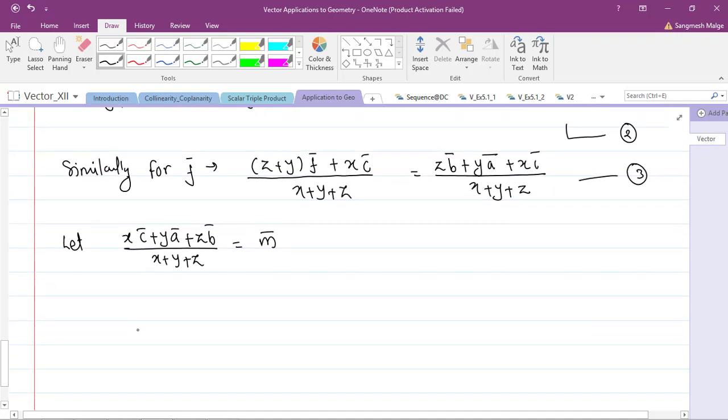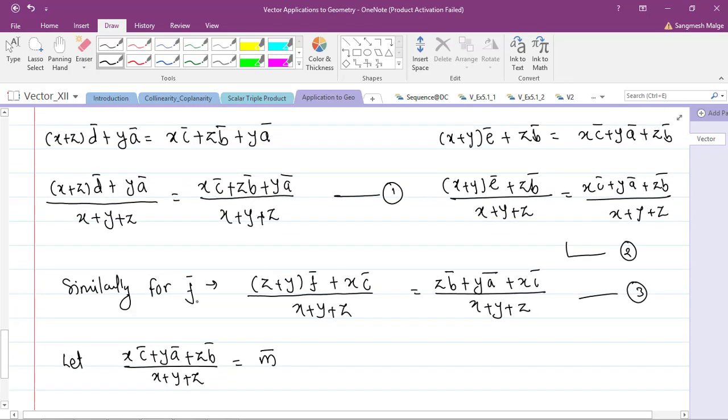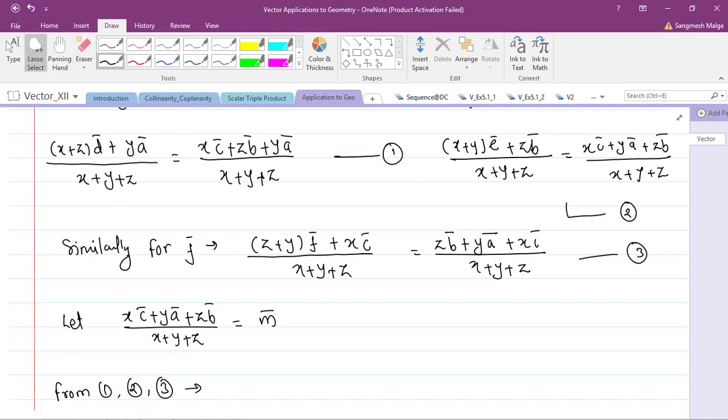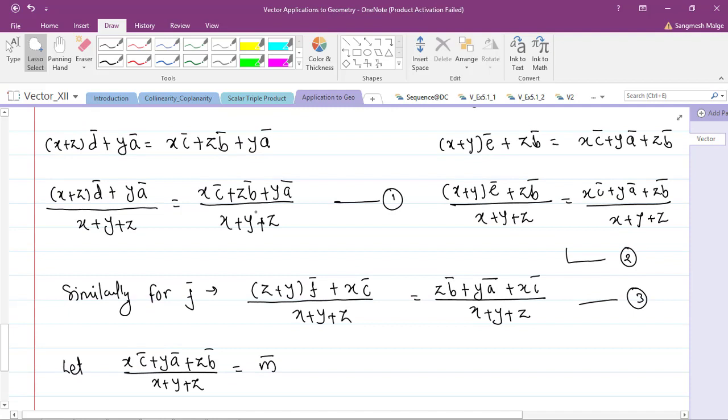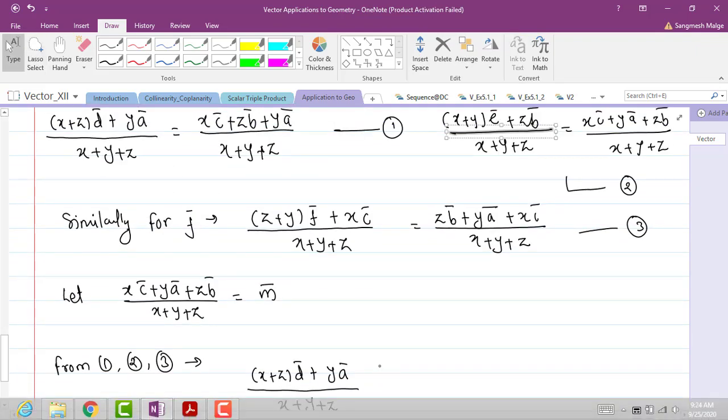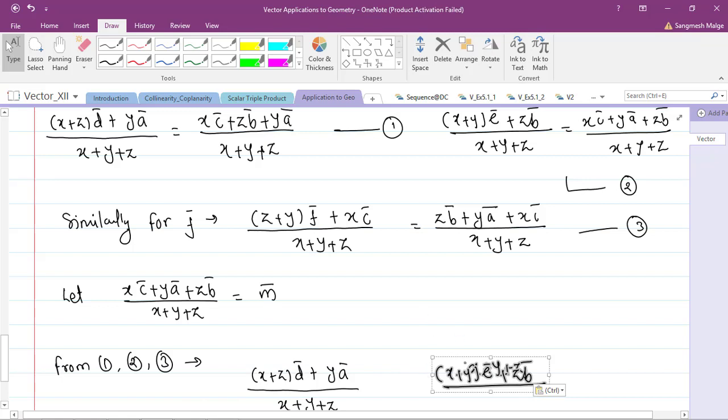So what you can write from equation 1, 2 and 3, therefore from 1, 2 and 3, what you can say is, see this part is equal to this part, is equal to this part.